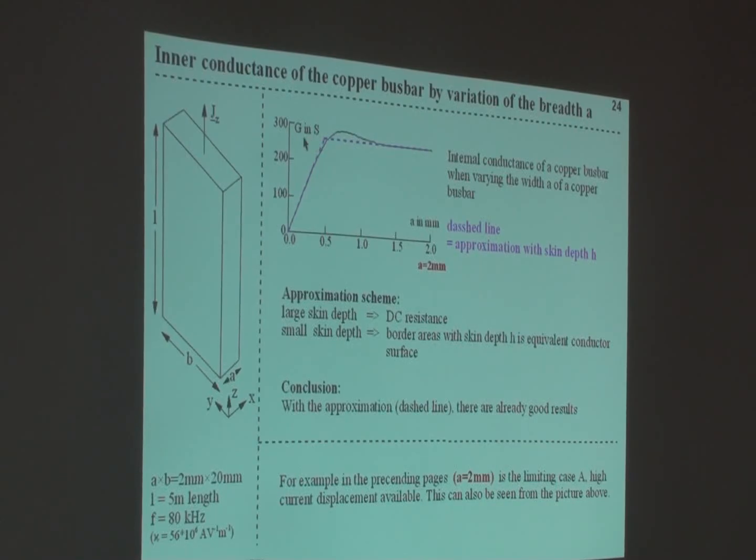If you want to calculate the conductance, this conductance is the inverse resistance. You will see that if you take the exact formula, you will get this one. And if you calculate with the skin depth in this manner I show you, you will get the blue one, the approximation.